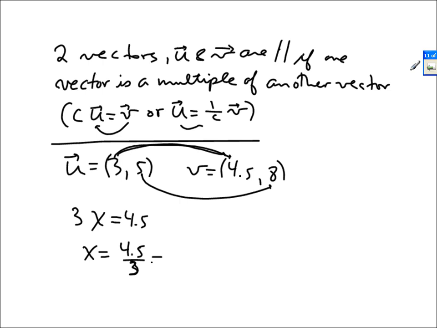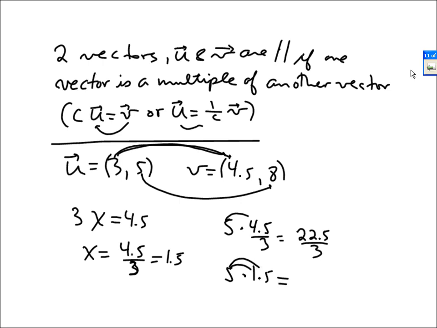Now, even if you didn't know that that's 1.5, take 5 and multiply it by 4.5 over 3, or take 5 and multiply it by 1.5. 5 times 4.5 is 22.5 over 3, and 5 times 1 is 5, 5 times a half is 2.5, you get 7.5.